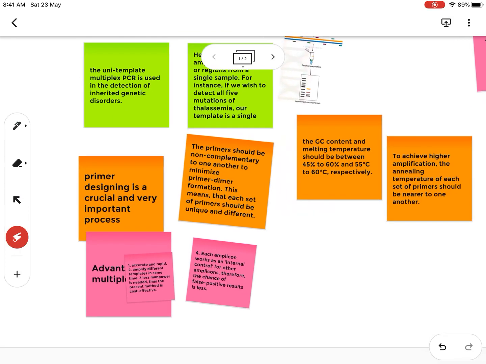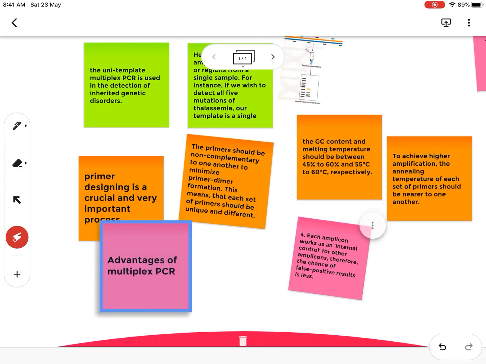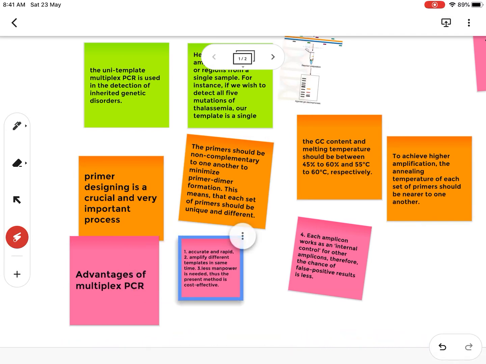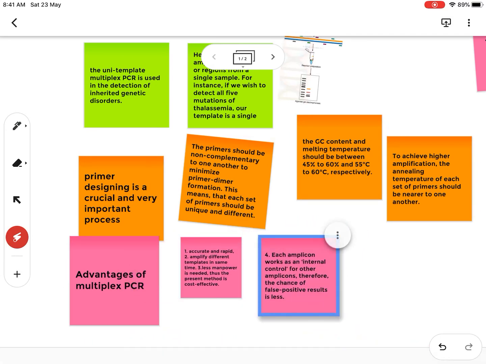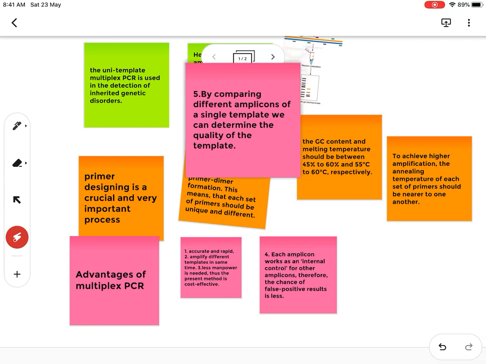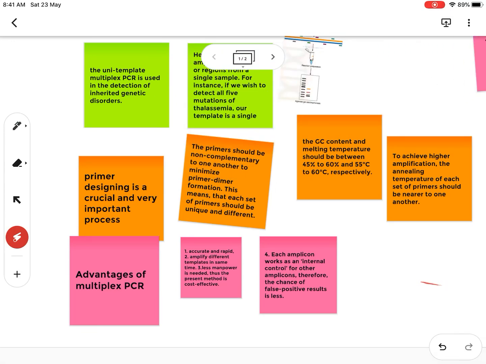Then we discussed about the advantages and disadvantages of multiplex PCR. It is very accurate technique and it saves time, it saves the reagent, it saves the manpower. So these are some of the basic advantages of the multiplex PCR.